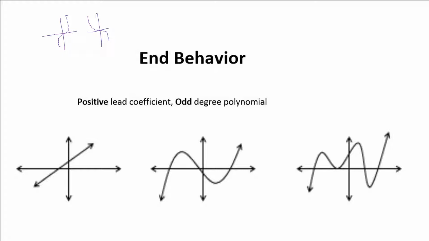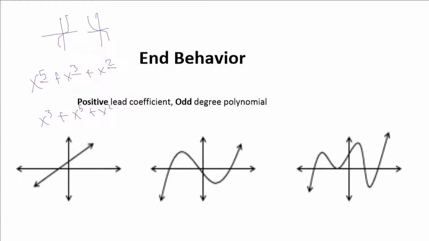The leading coefficient is found when the polynomial is written in standard form. This is an example of a polynomial written in standard form. This is the same polynomial that is not written in standard form. So in standard form, we want the highest power first, the next highest power next, the smallest power last.